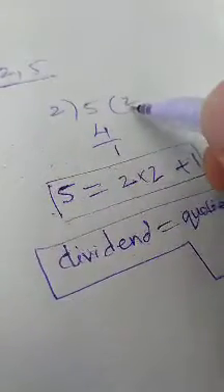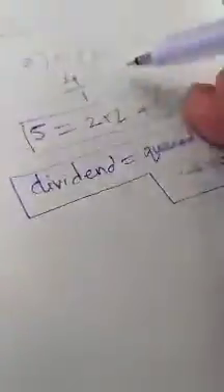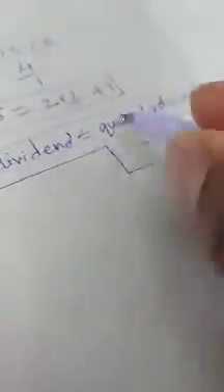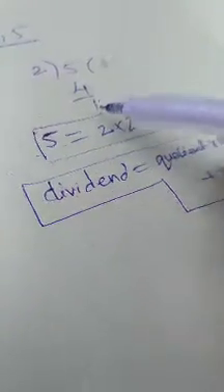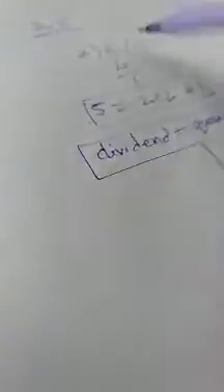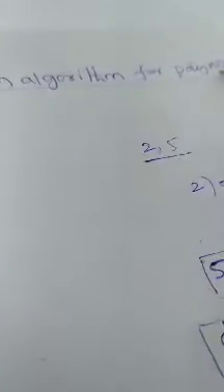If you have any two positive integers, then we can find the quotient and remainder for the two numbers. So the same procedure you can apply for polynomials also.